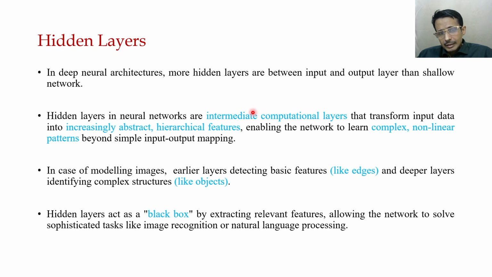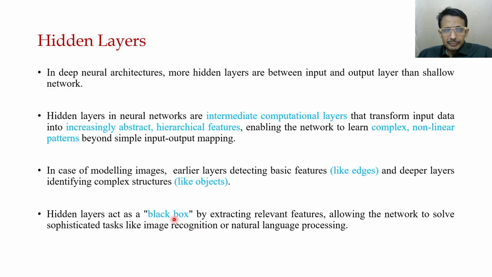In general, hidden layers are a black box. We don't know what the output of the hidden layer is. It extracts the relevant features and allows the network to solve sophisticated problems.